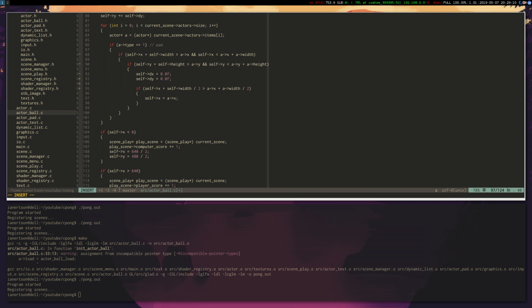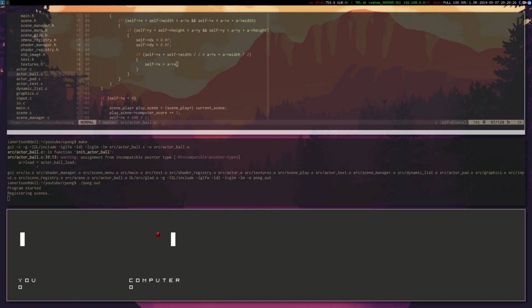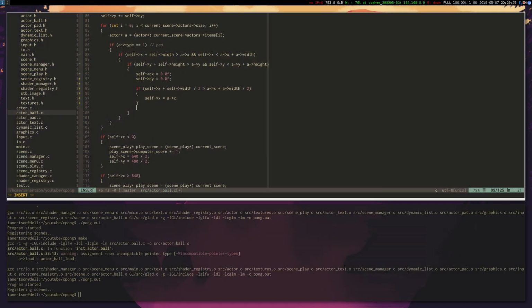I think that's it actually. Else self x is equal to ax plus a width.